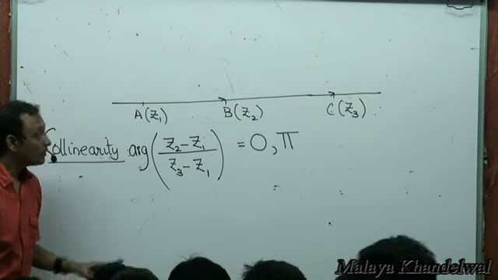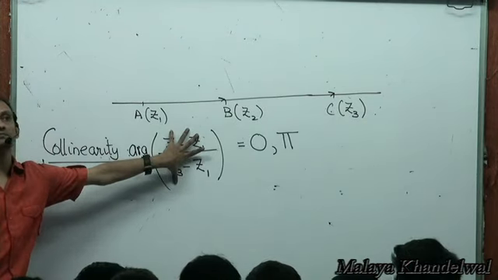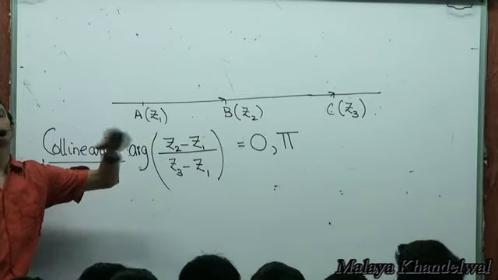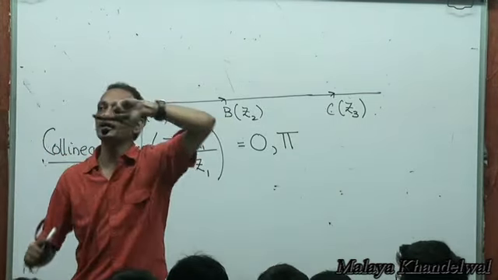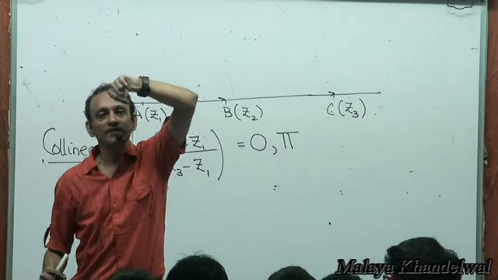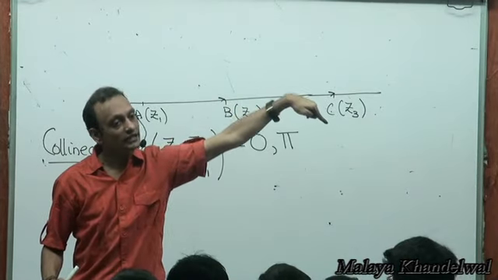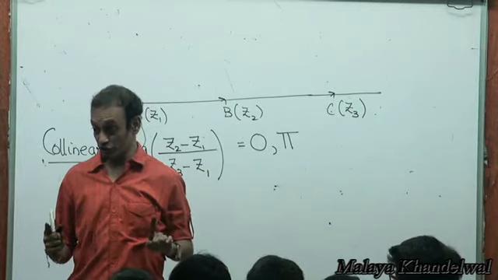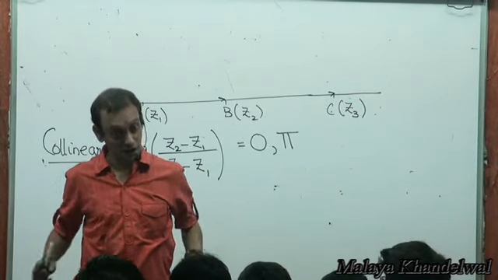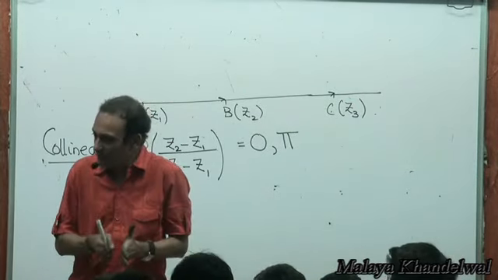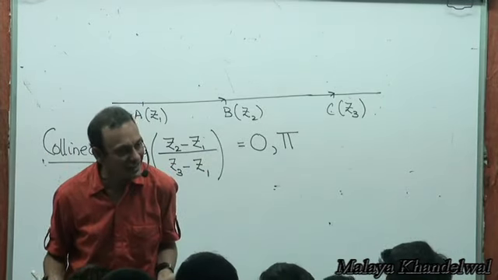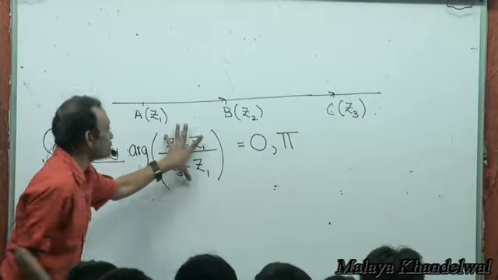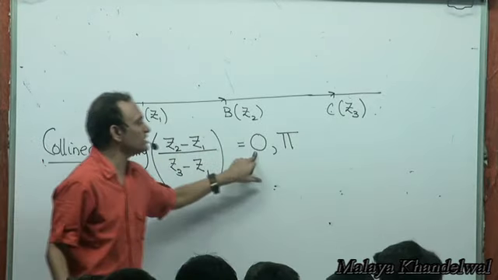Now, if the argument of a complex number is 0 or pi, that means if the argument is 0, it lies on the positive x-axis. If the argument is pi, it lies on the negative x-axis. One way or the other, that complex number is a real number. If a complex number lies on the x-axis, its imaginary part is 0, it must be purely real. So this complex number, its argument is 0 or pi.